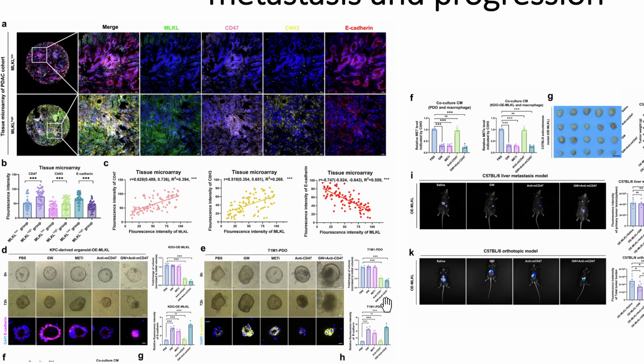Just to remind you that GW is the inhibitor for MLKL expression. So with the combined effect of GW and anti-CD47, we can see the maximum reduction in the tumor volume, indicating that this combination is more helpful for reducing tumor volume.